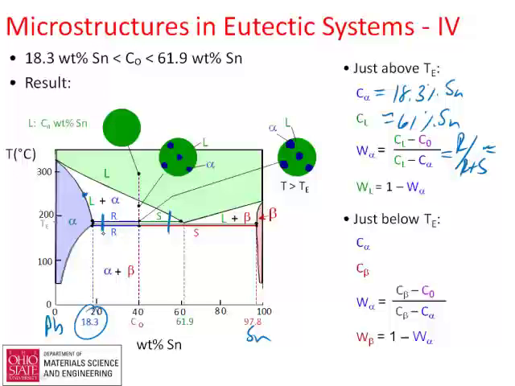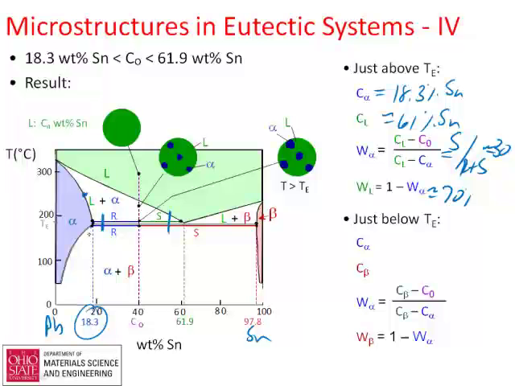Over here, we're entirely solid. So the fraction of alpha that we're going to get is C naught minus CL, which can be S over R plus S, and that's going to be about 30% or so alpha, and about 70% liquid.